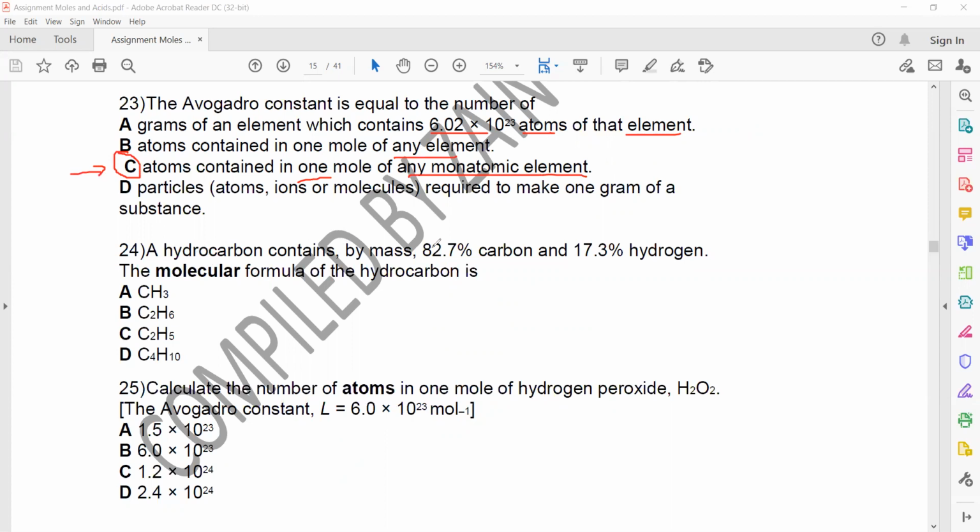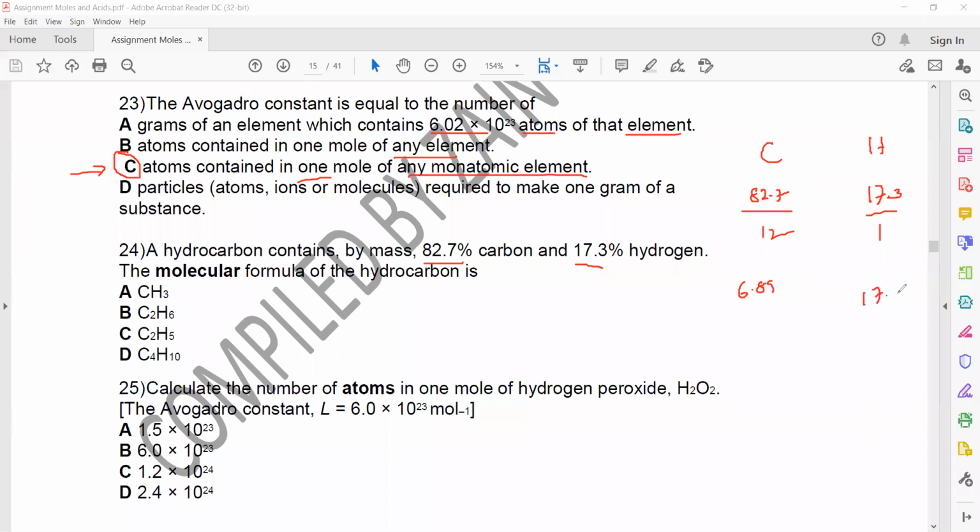In 24, a hydrocarbon contains 82.7% carbon and 17.3% hydrogen. What is the molecular formula? So first we have to work out the empirical formula. So we have percentages: this is 82.7 and hydrogen is 17.3. So we divide these by 12 and 1. So 82.7 divided by 12, that's equal to 6.89.